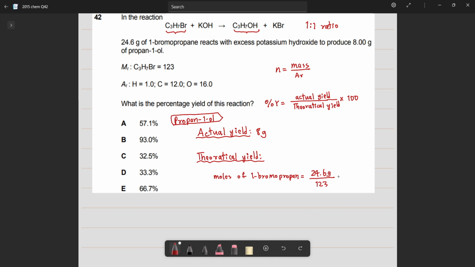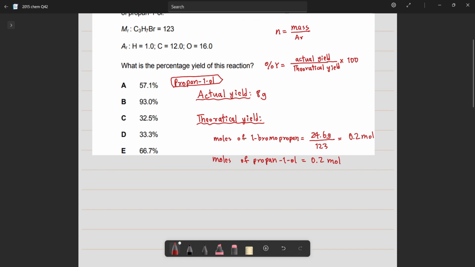This will give us 0.2 moles. Now we know it's a 1-to-1 ratio, so the moles of propan-1-ol is equal to 0.2 mole.